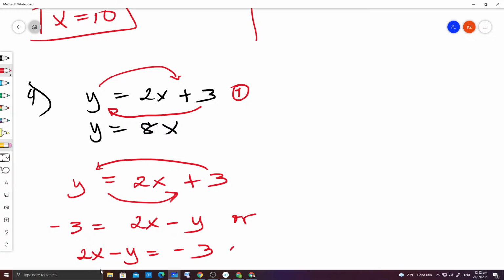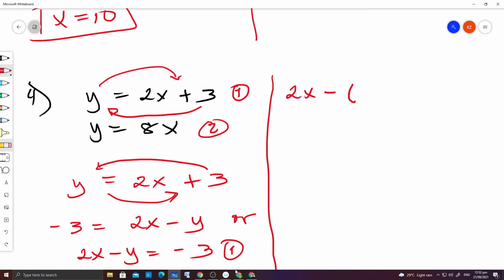So this will be my equation 1. And then I will use equation number 2. So we have 2x minus y equals 8x, just like what we did on set question number 1.